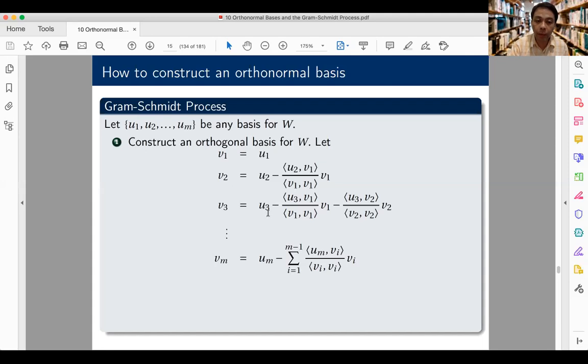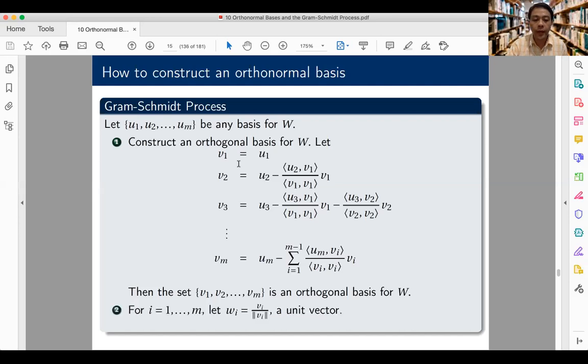So this is a basis for W. So how do you make it an orthonormal basis? Well, simply you just divide each vector by its norm. And dividing each vector by its norm, we get the vector W sub I. This is the unit vector for V sub I. And combining these W sub i's gives us your orthonormal basis for W.